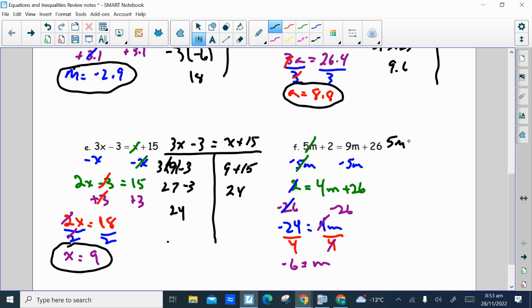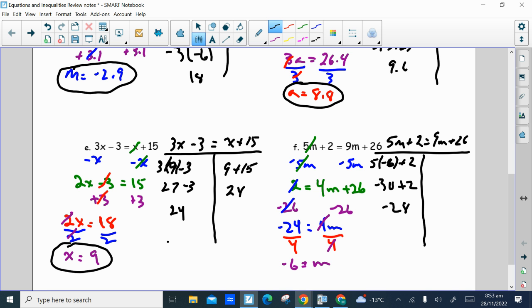So we have 5m plus 2 equals 9m plus 26. We need to show that we get the same value on both sides when m equals negative 6. So on the left, 5 times negative 6 is negative 30, plus 2 is negative 28.